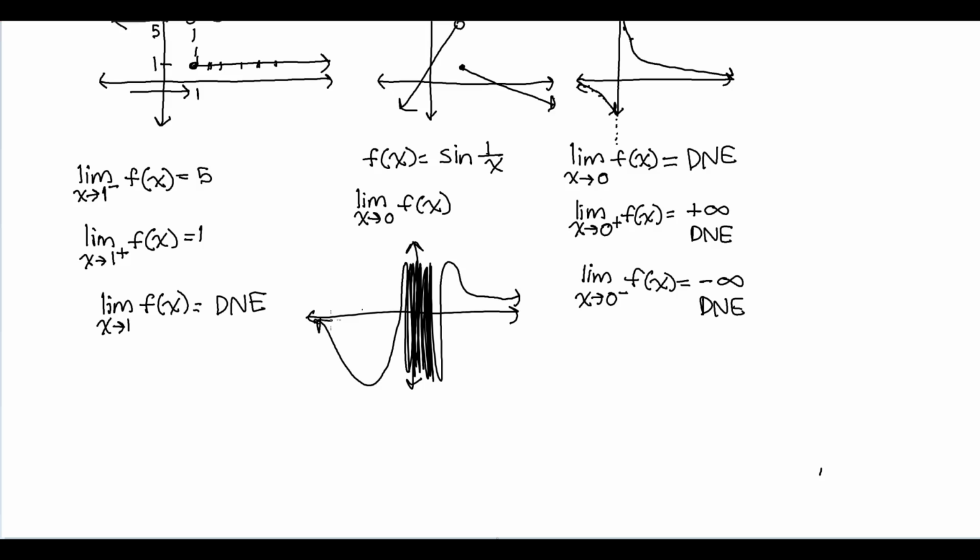For 2 over 5 pi, sine of 5 pi over 2 is 1. So as you get closer and closer to 0, it switches between 1 and negative 1, 1 and negative 1. So this one oscillates.